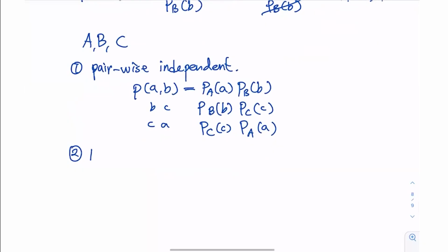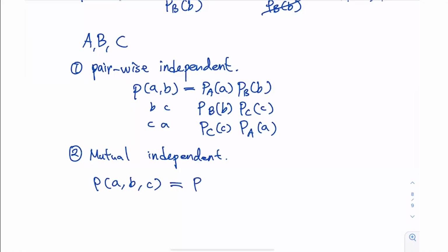The other is called mutual independent. In the previous case, if we try to calculate the joint probability of ABC, what mutual independent means is that you can basically write it as the product of the three.